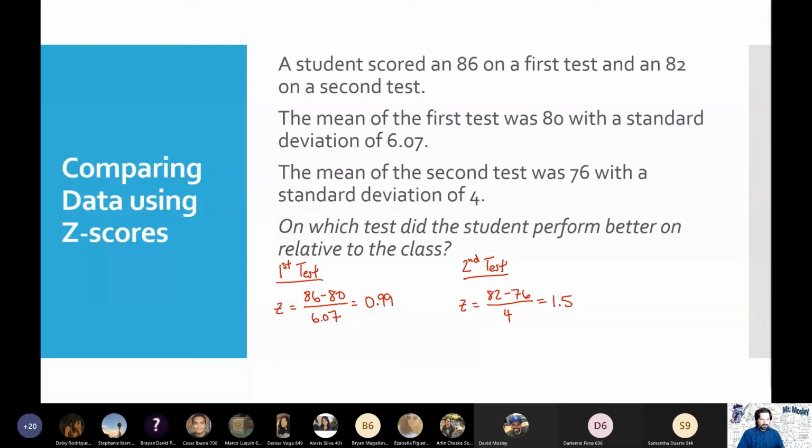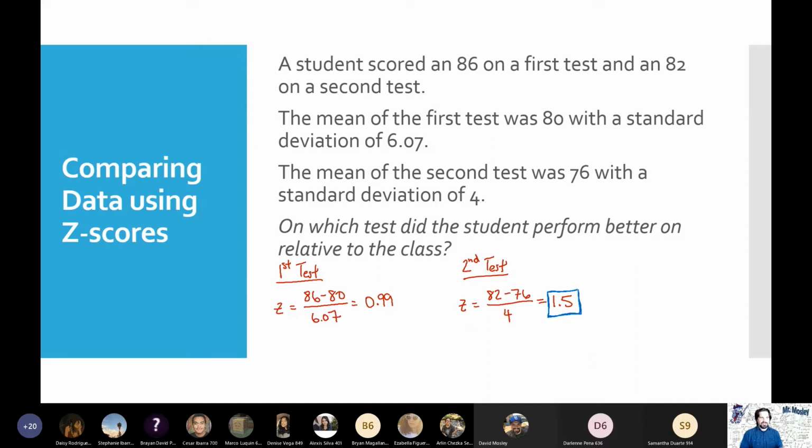So compared to the rest of the class, relative to the rest of the class, even though the student's score itself was lower on the second test than the first test, the student performed better relative to the rest of the class on the second test.